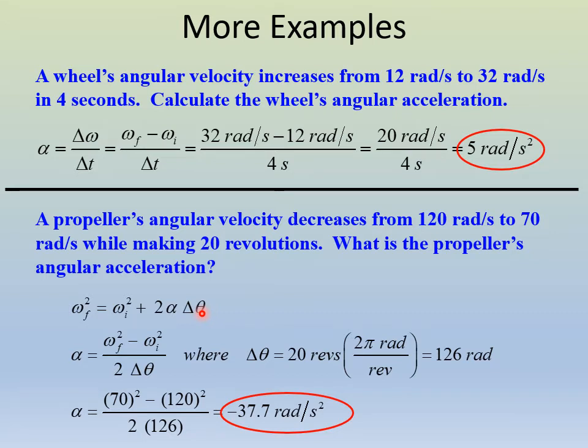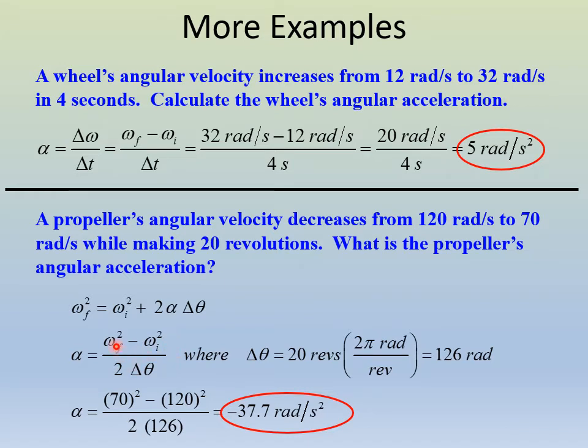Now we're trying to figure out what alpha, the angular acceleration, is. So first, let's do some algebra and solve this equation for alpha. We move this term to the left side and divide by 2 times delta theta, and we get this result: alpha is equal to omega final squared minus omega initial squared over 2 delta theta.